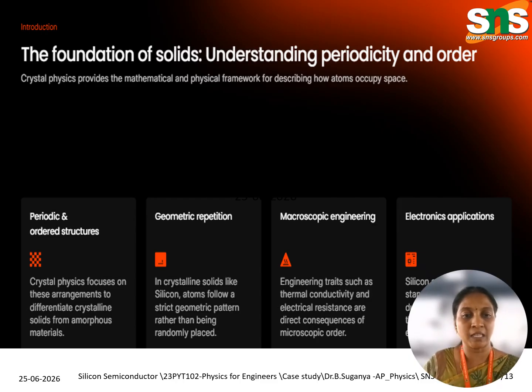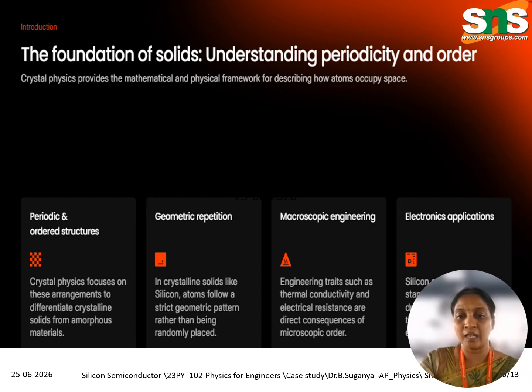So this is geometric repetition in crystal solids like silicon, and atoms follow a strict geometric pattern rather than being randomly placed. And microscopic engineering: traits such as thermal conductivity and electrical resistance are a direct consequence of microscopic order.